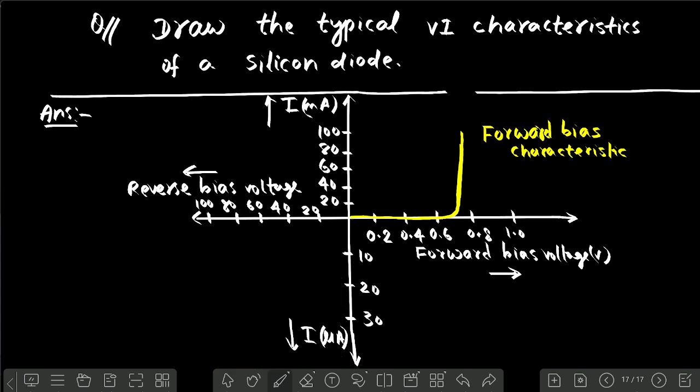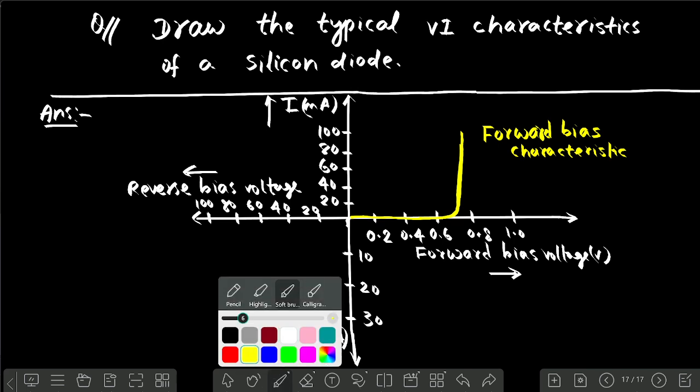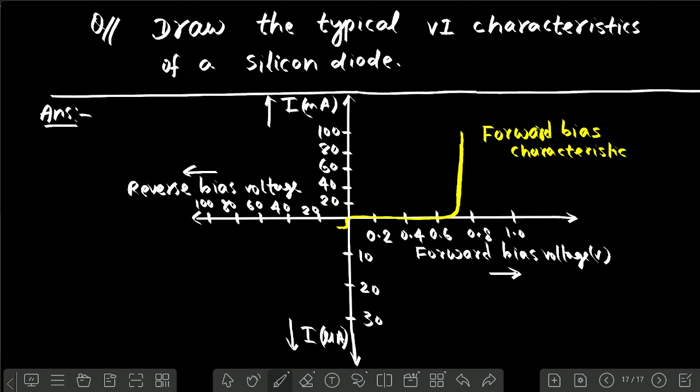Next, listen. In reverse bias the current will be saturating. Then at V equal to VBR, the current will be increasing. Yes or no? So do the graph like that.